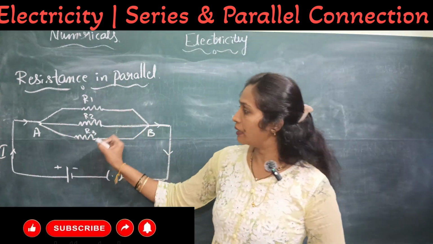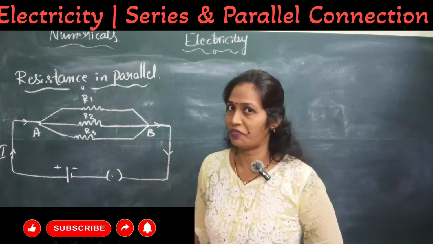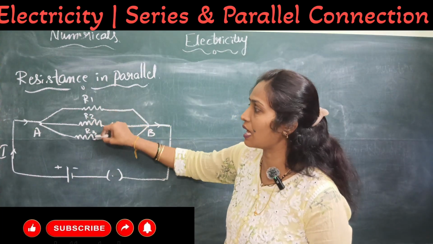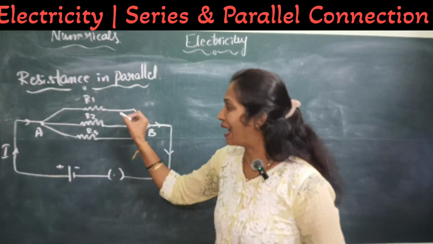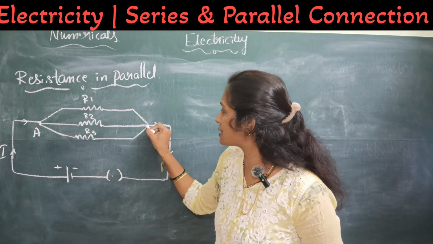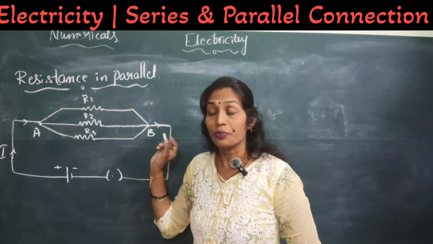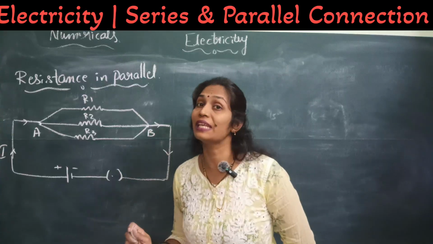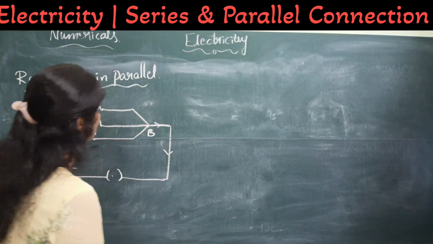Okay, what I discussed in the previous session is that resistances are connected in parallel, one beside another. Both the ends of those resistances are connected to a voltage. What is the difference between series connection and parallel connection, guys?